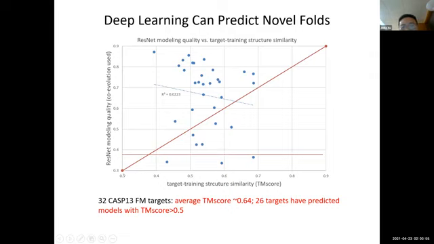In this picture, X shows the structure similarity between the test protein and the training protein, and Y is the quality of our predicted structures. You can see for most test proteins, the predicted structures have a much better quality than the structure similarity between the test protein and the training protein. So this means deep learning indeed can generate new structures instead of simply copying from the training proteins.